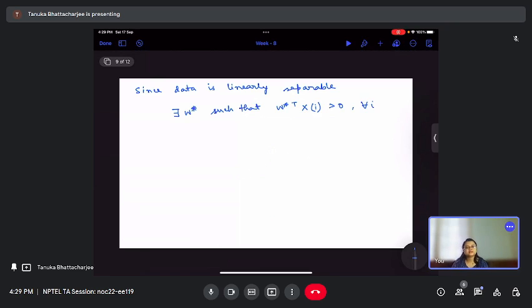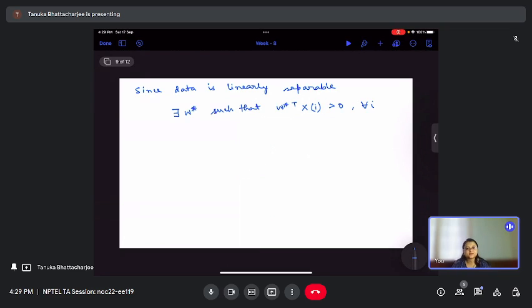That will be greater than 0, because if you know that the data is linearly separable, then there exists some separating hyperplane. So, some W star is there which can correctly classify all these data.